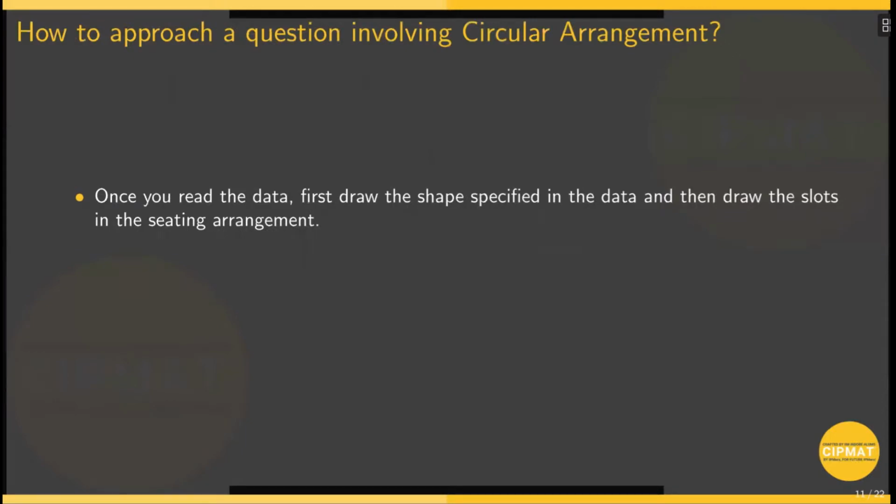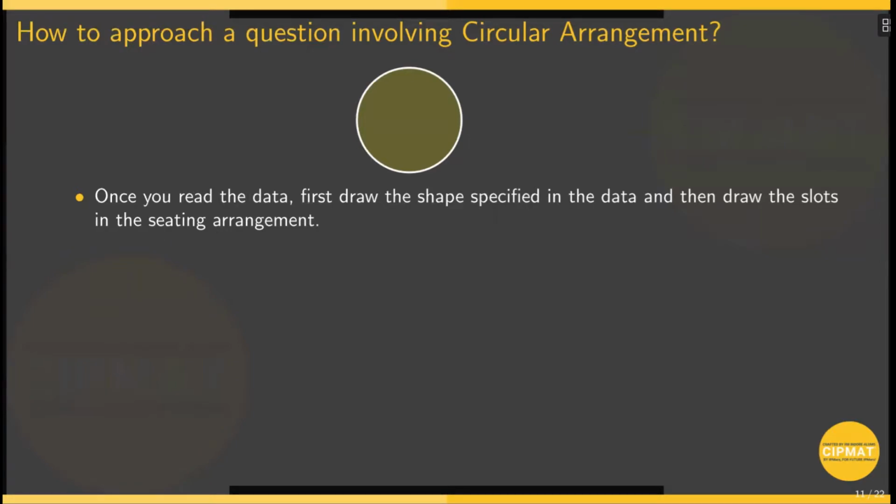All right, so how do you approach a question which involves circular arrangements? Once you read the data, the first thing you should do is draw the shape. Once you have identified that it is a question related to circular permutation, you draw a circle in this way. Then the next thing is to identify the number of people.